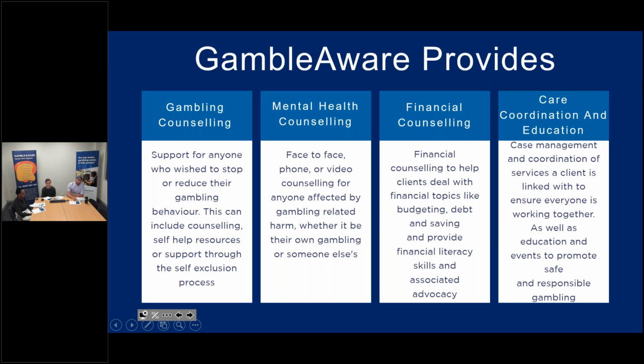And then finally, with our care coordination and education, that's really case management and coordination of services for that client to link them up with other supports, whether that be alcohol and other drugs, other mental health supports, education, or employment, that might have been impacted by their gambling or their exposure to gambling harm.